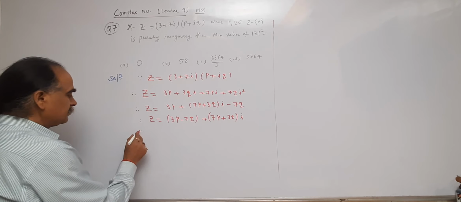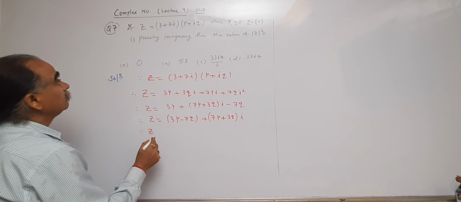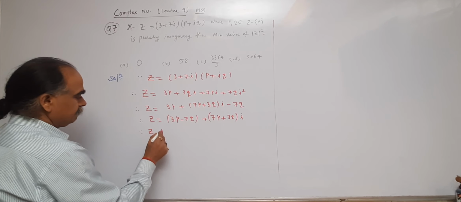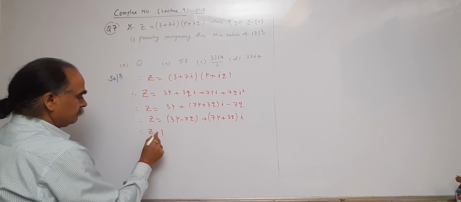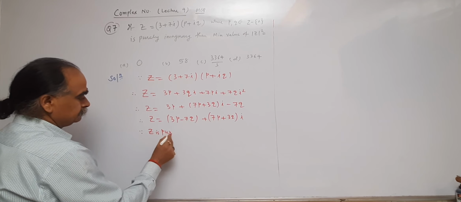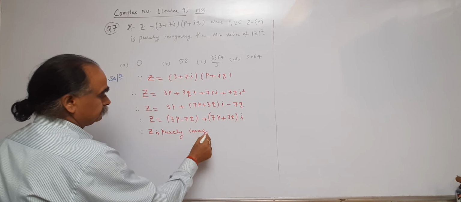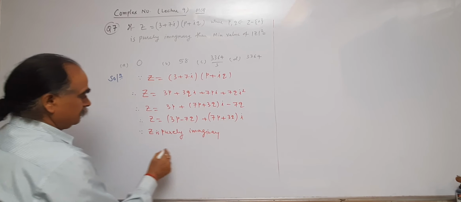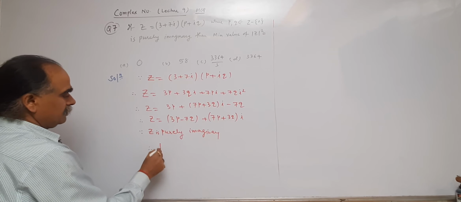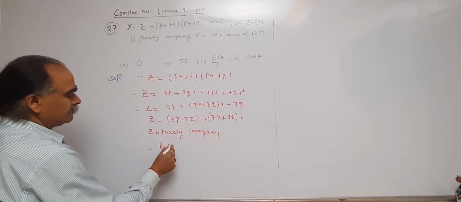Since z is purely imaginary, the real part of z is 0.